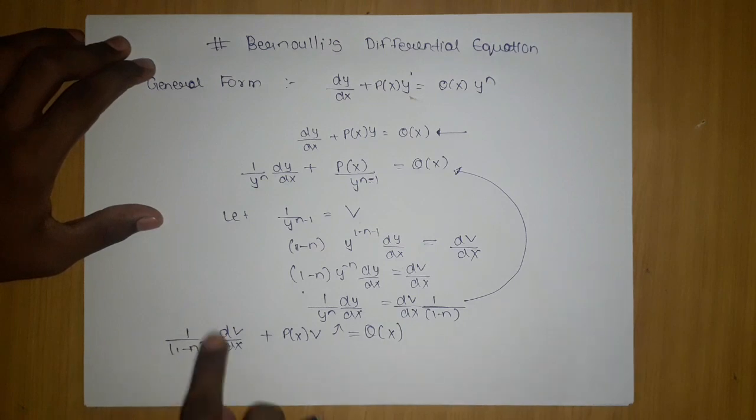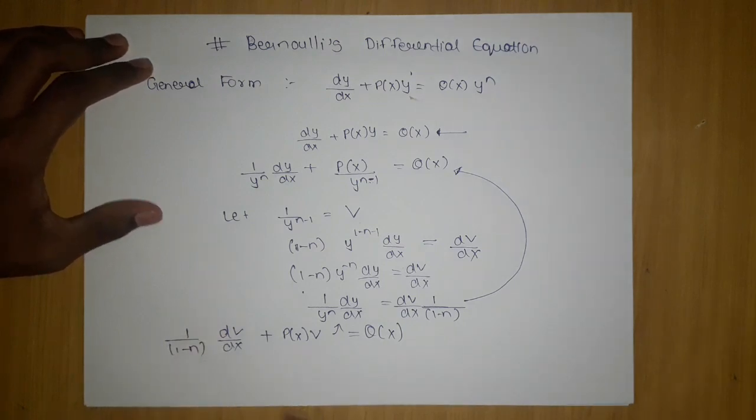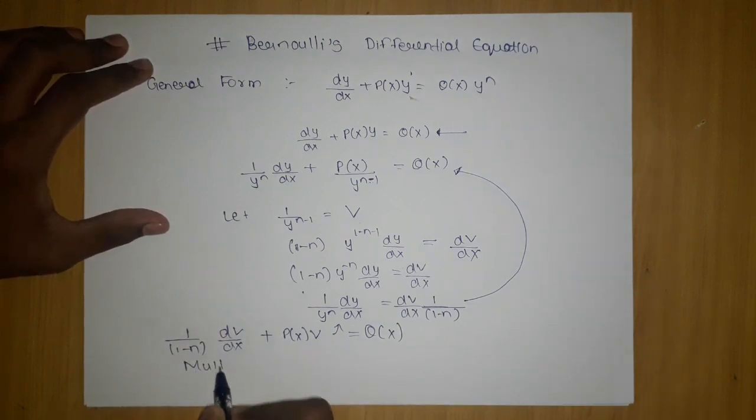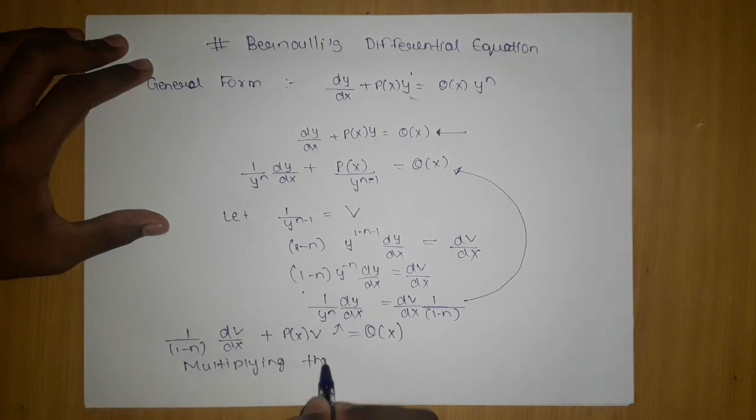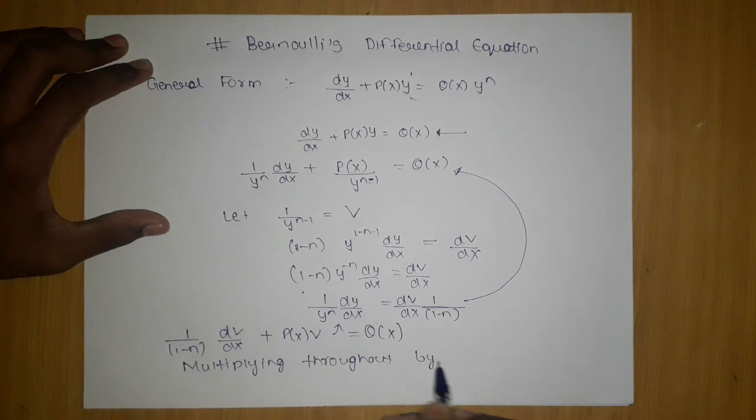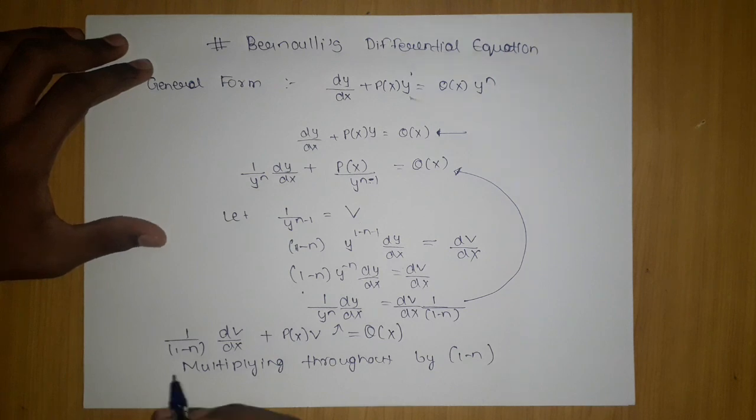Now to make its coefficient one, we will multiply throughout by 1 minus n. If we do that, what are we going to get?